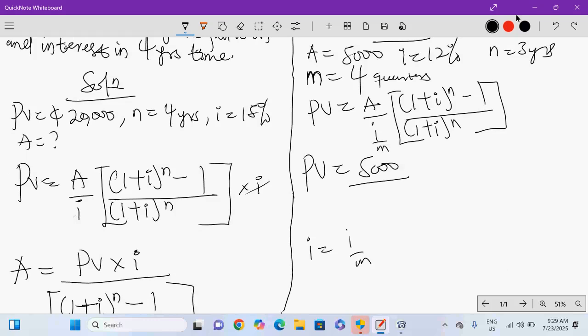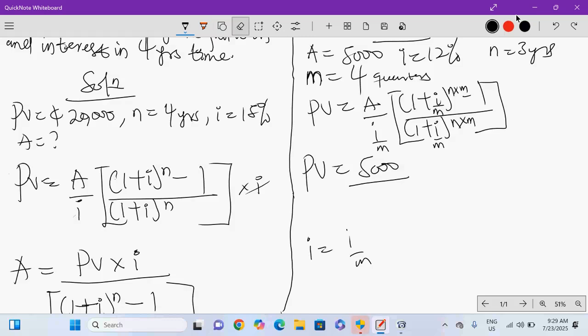So the multiple compounding, we are going to divide by m, right? Wherever we see i, we divide by m, and wherever we see n, we multiply by m.